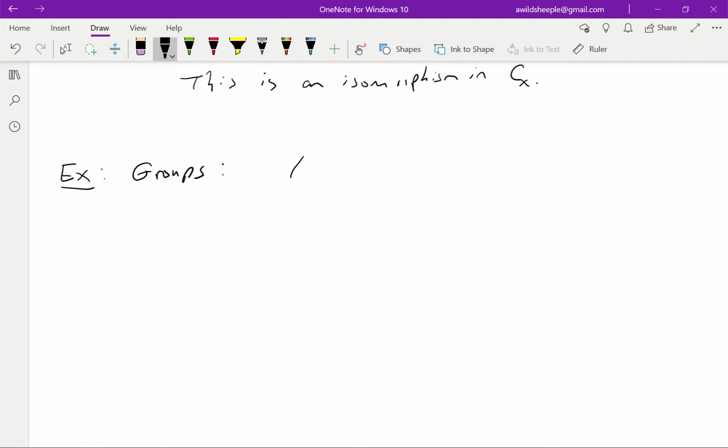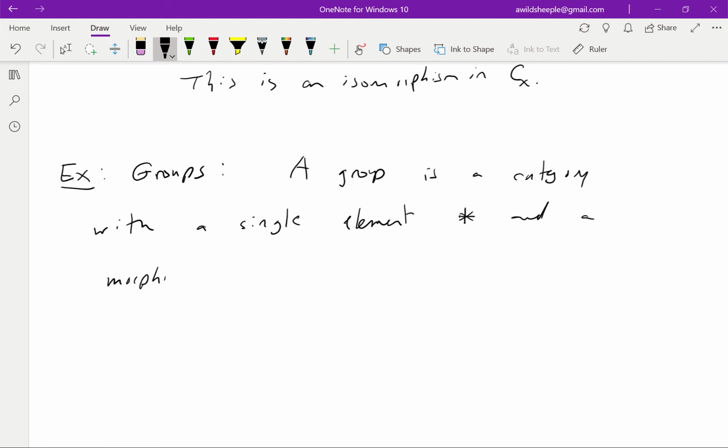We can think of a group as a category with a single element. I like to denote this element by star, and a morphism star to star for each element of the group, at least if I was thinking of this group as a classical group.